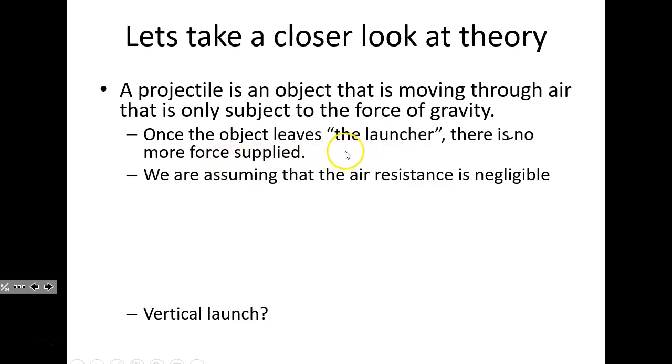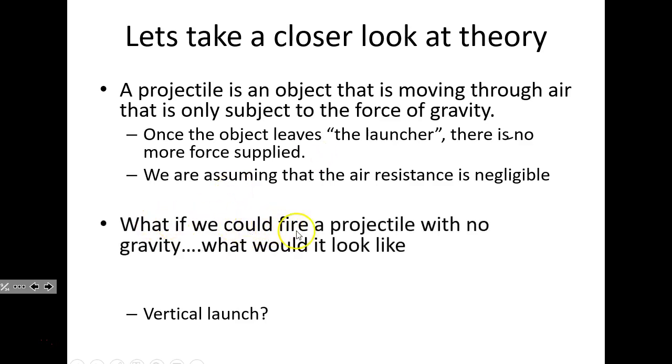We're going to consider things that are sphere-shaped, like a steel ball bearing, or something shaped like a bullet or a rocket, something that would have good aerodynamics and low air resistance. It also will be in the air for a very short period of time, so there's not a lot of time for the air resistance to have a tremendous effect.